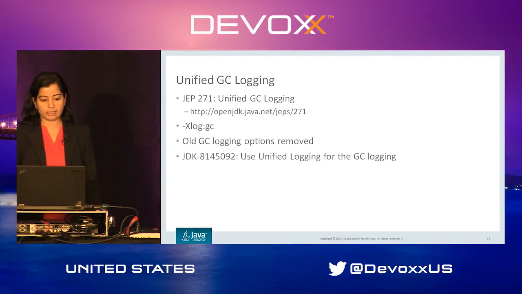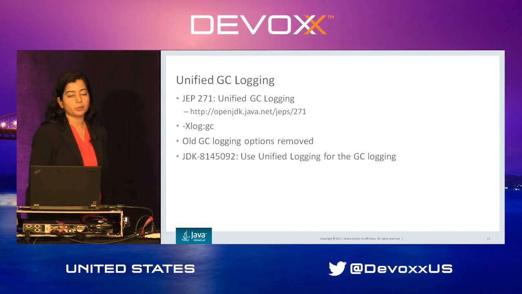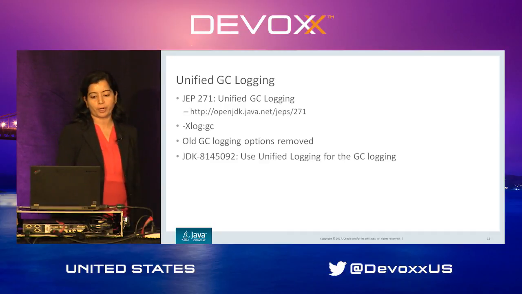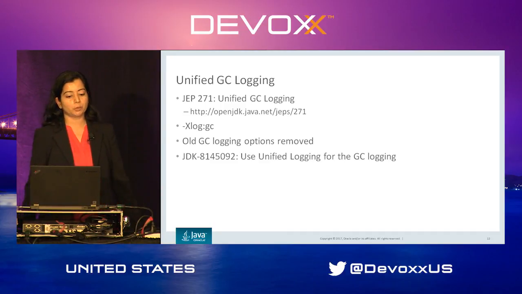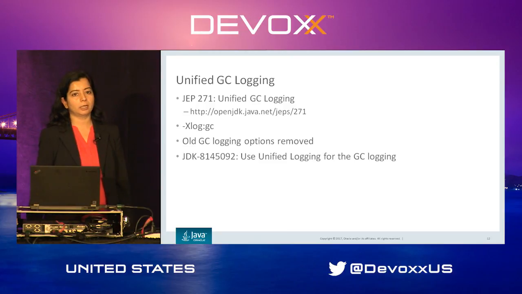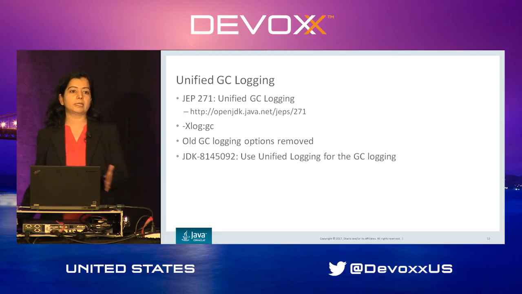Now, unified GC logging. With JEP 271, GC logging has also been re-implemented to use the new framework. So GC uses the -Xlog command, and gc is the main tag to be used with -Xlog, and there are other tags as well, available for fine-tuning the GC logging that we are interested in.